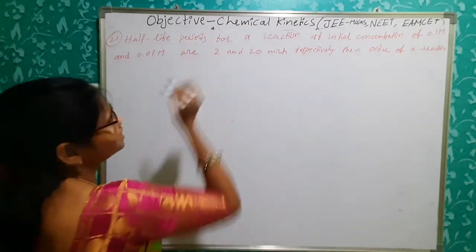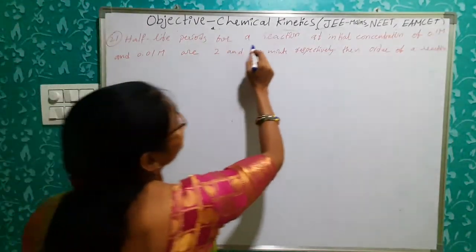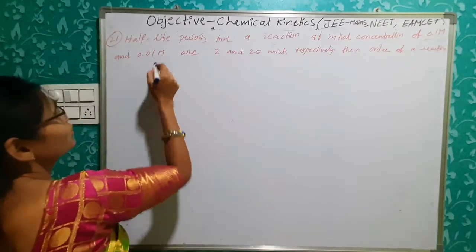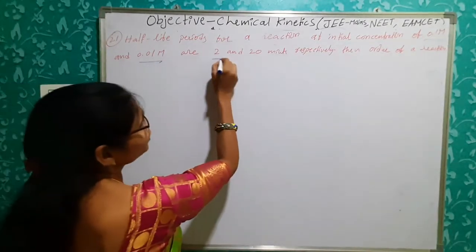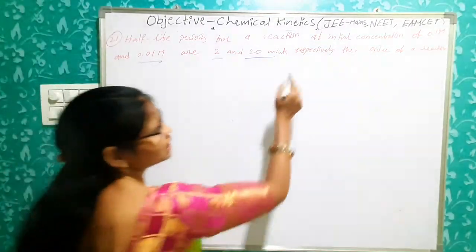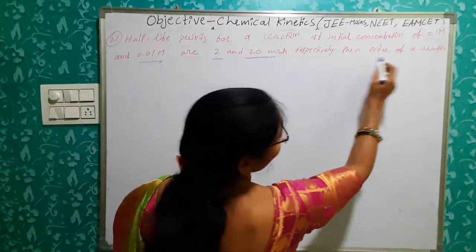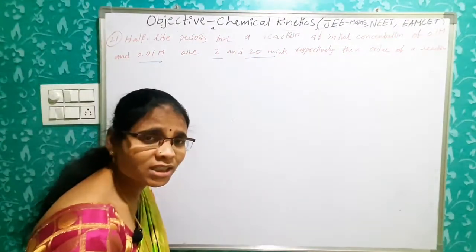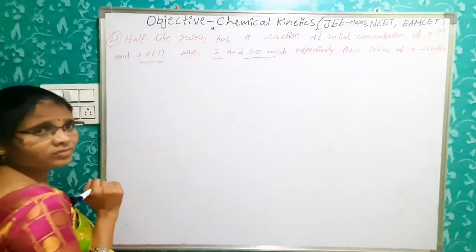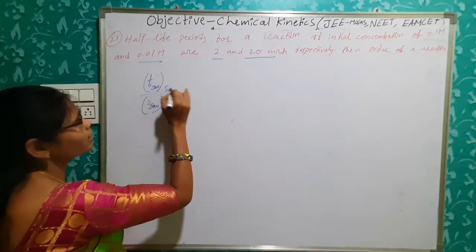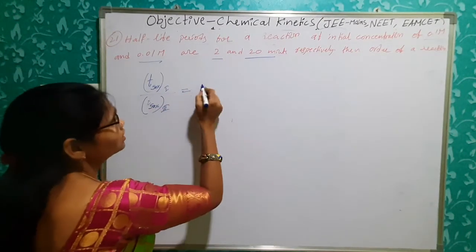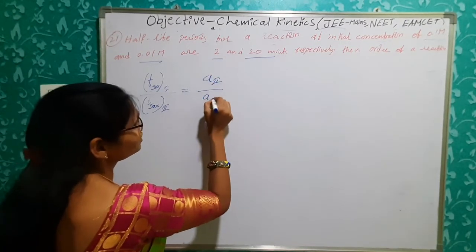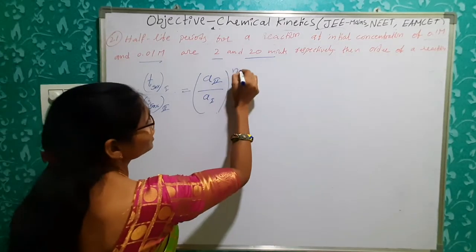The half-lives of a reaction at initial concentrations 0.1 and 0.01 are 2 minutes and 20 minutes respectively. Then the order of the reaction. Two T halves are given, two initial concentrations are given. So what is the formula? T half 1 by T half 2 is equals to A2 by A1 whole power n minus 1.